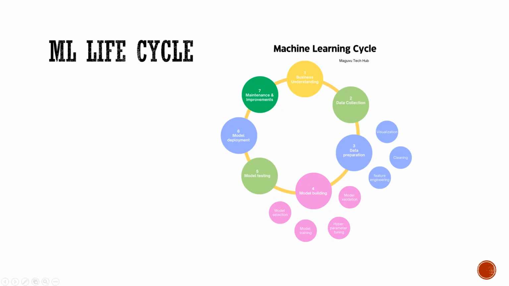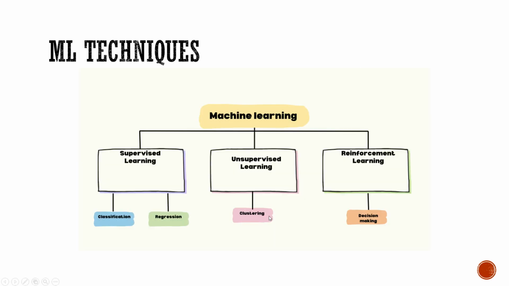Let's now look at the machine learning techniques in brief. Now that we understand the life cycle of machine learning, we also want to look into the machine learning techniques, or the types of machine learning. I'm going to look briefly into 3 types, starting with supervised learning.